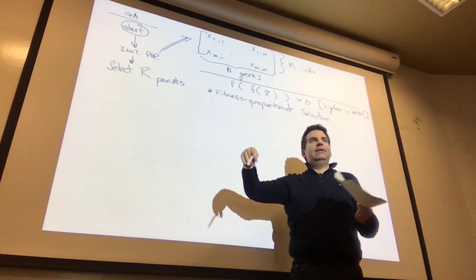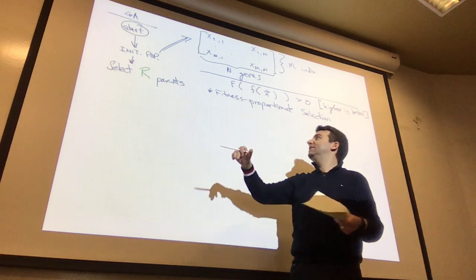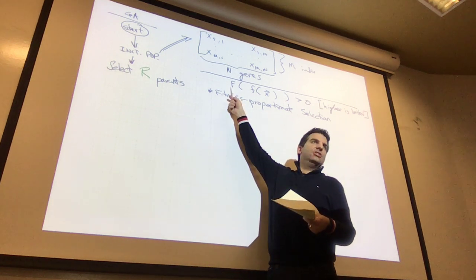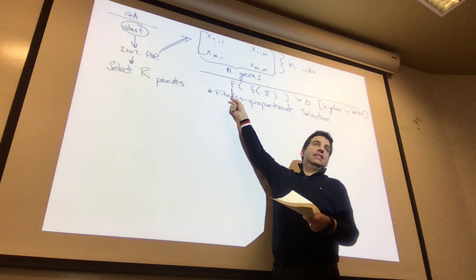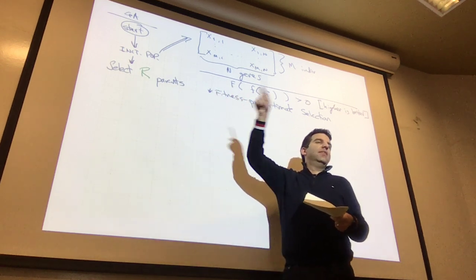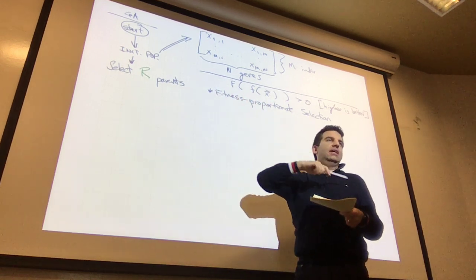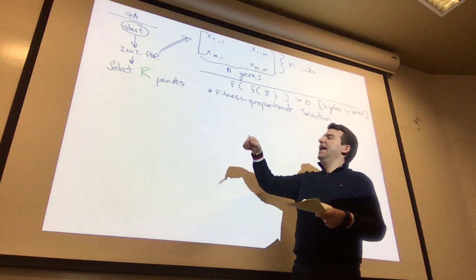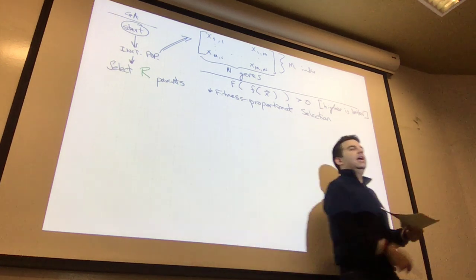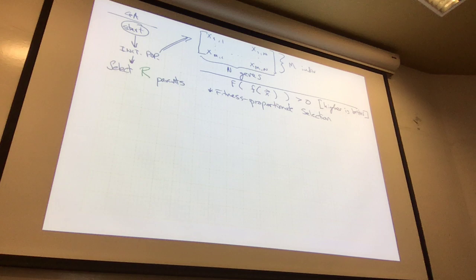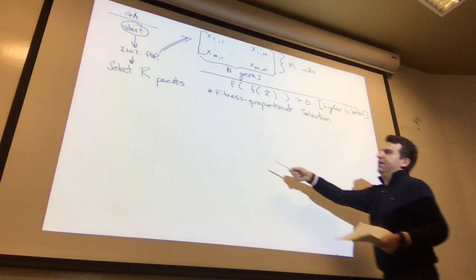You just normalize by the total fitness: whatever the fitness is for that strategy, divided by the total sum of all the fitnesses across the strategies in your population. That becomes a probability, and you can use stochastic sampling approaches to then draw your R parents from that.